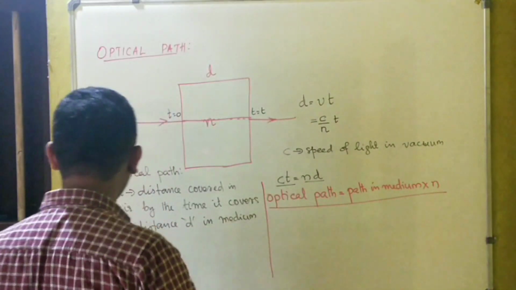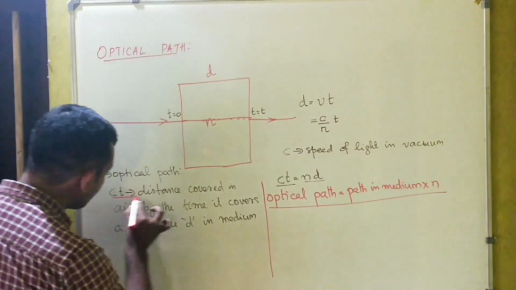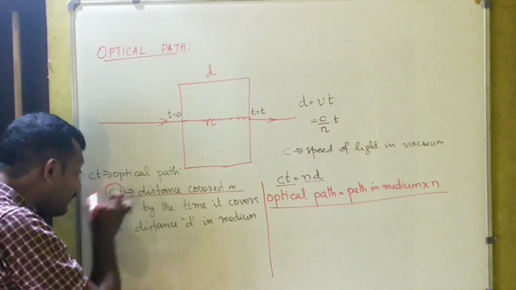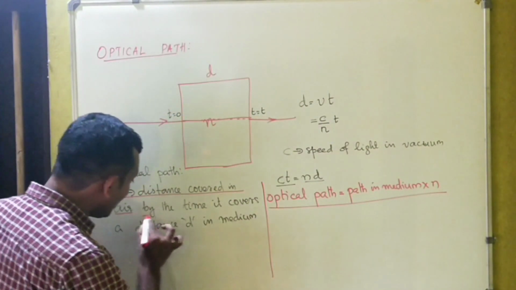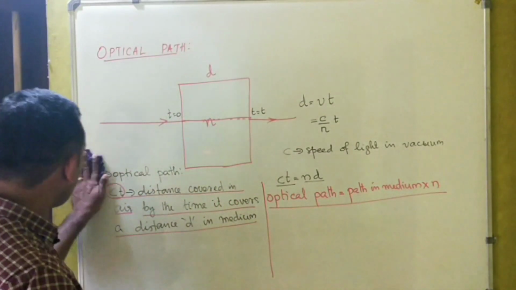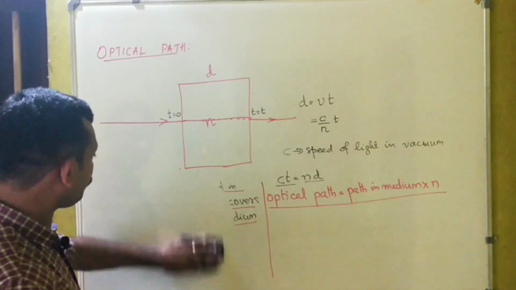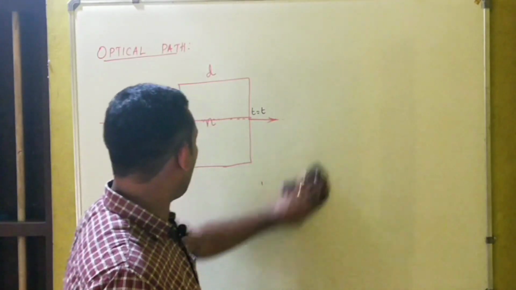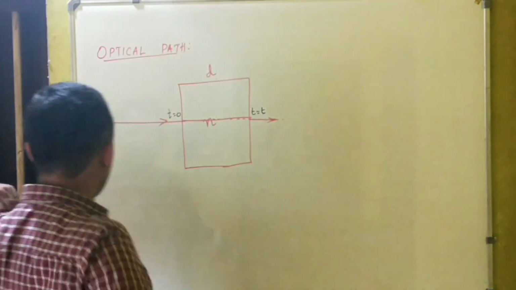Okay, so to make it more clear, let us read the definition once more. CT is the distance covered in air by the time it covers a certain distance D in the medium. Okay, let us understand this idea. So considering two lights coming here.